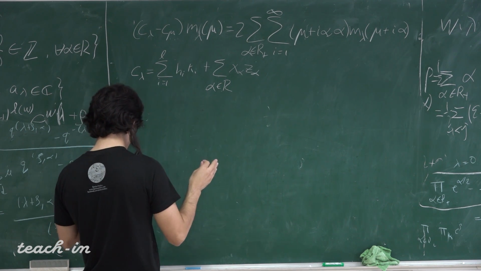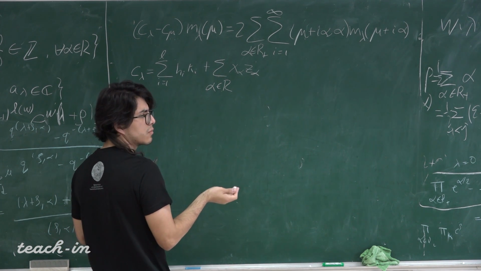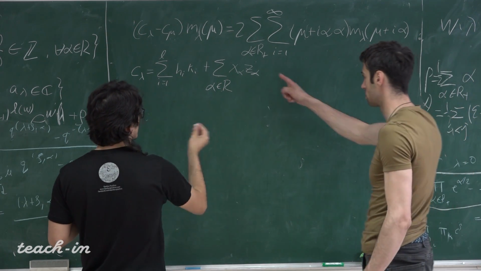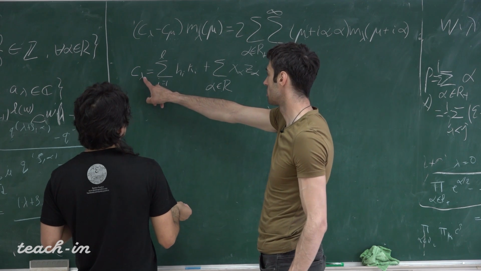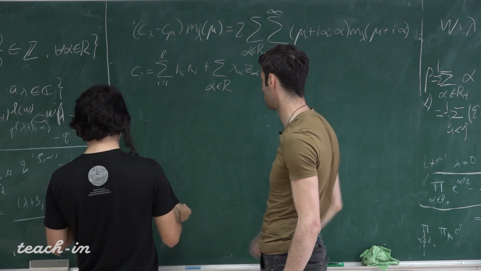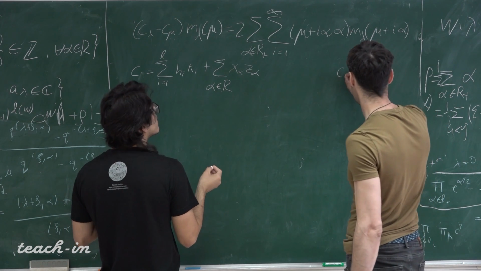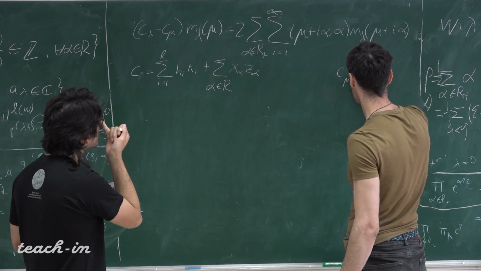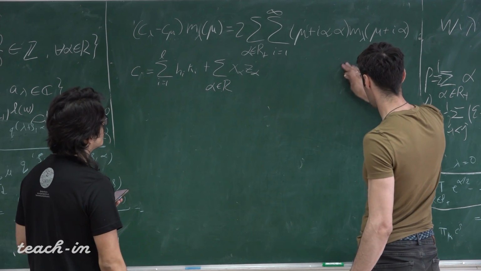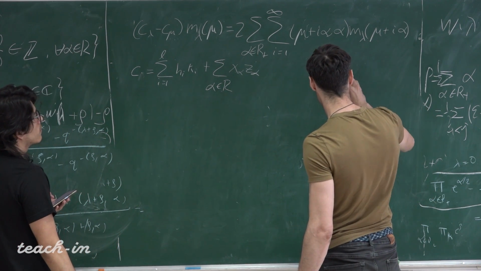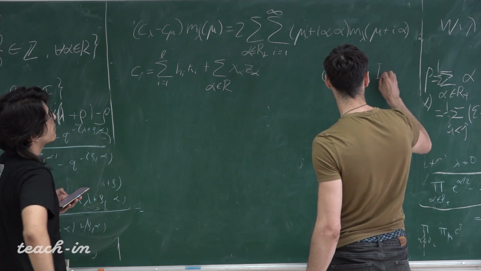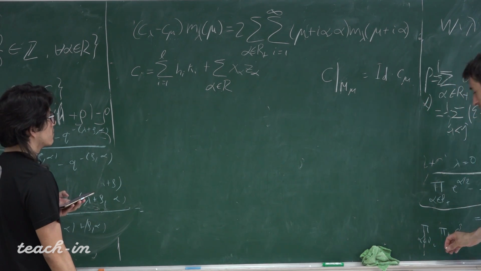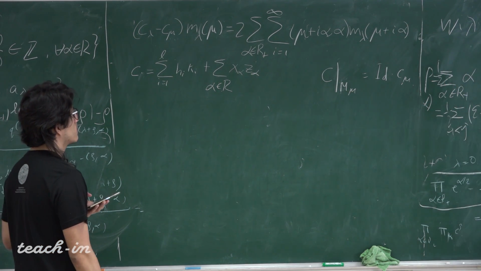This does not depend on lambda, it's just the Casimir. And C mu, for example: the Casimir acting on M mu is the identity times C mu, so it's the eigenvalue of C in the module of highest weight mu.